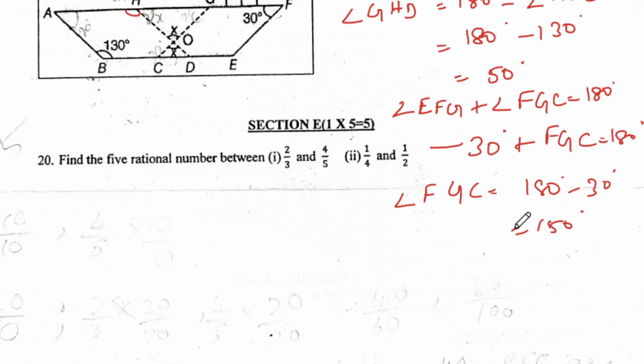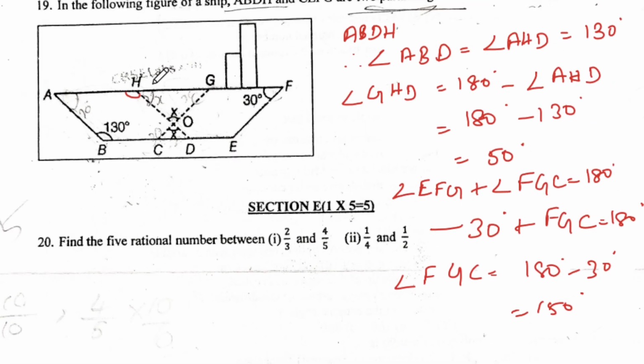Okay, so next we have HGC plus FGC, which is 180 degrees. I'll write it here. Angle FGC plus angle HGC equals 180 degrees. So linear pair.